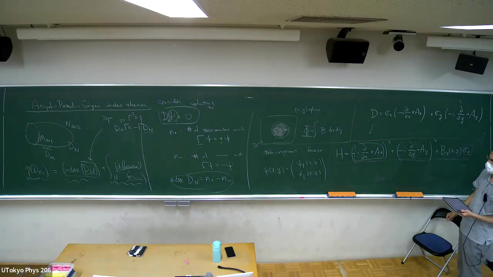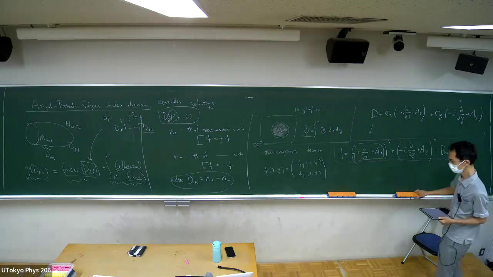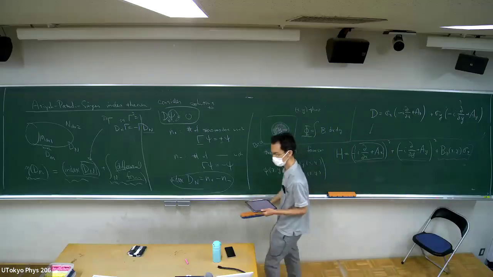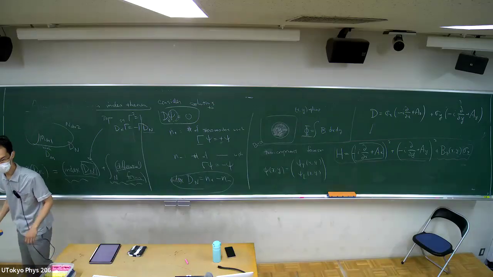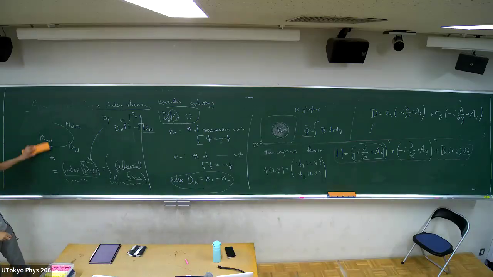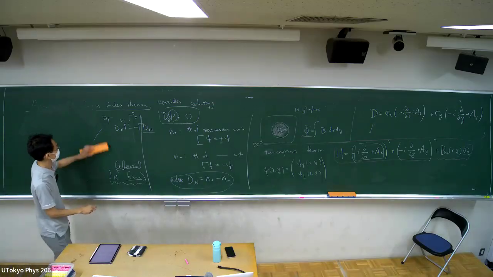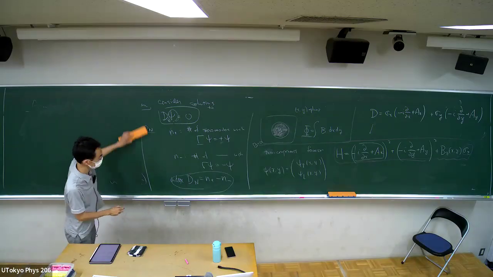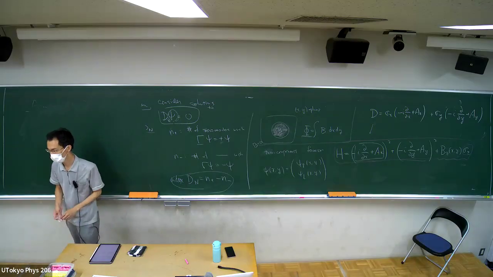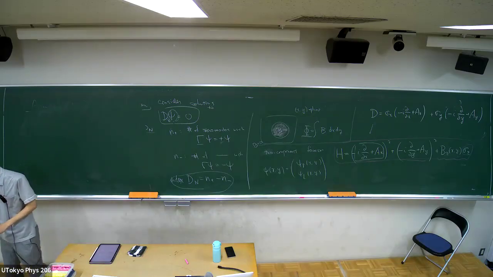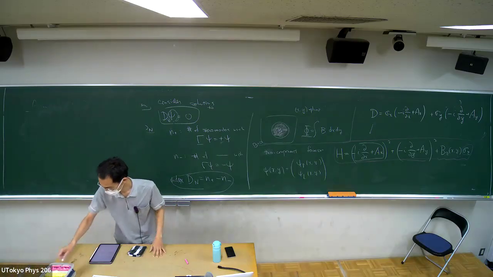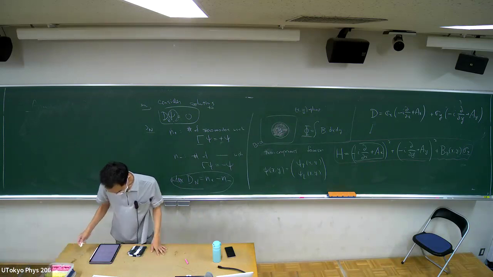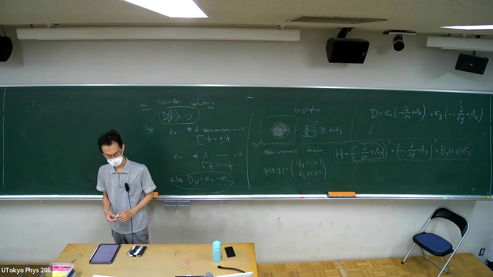Some of you might remember this system if you attended the written exam of this graduate school. If you solved the previous exam questions from about 10 years ago, there was a question exactly about this. This is based on an old paper from the 70s by Aharonov and Casher.